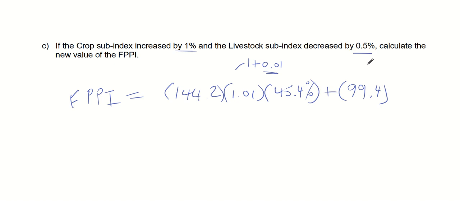So in short, a decrease is basically 1 minus 0.5%, which is essentially 0.995. So if you multiply this number here by 0.995, then this number will get smaller by 0.5%.